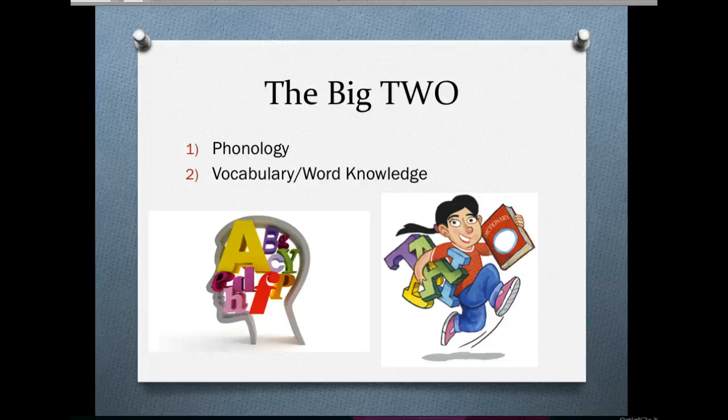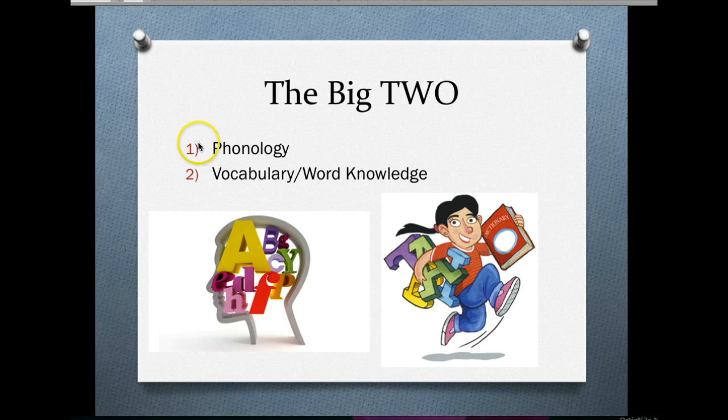All right, so the big two in literacy are phonology and vocabulary and word knowledge. The reason why these are the big two is because the development of these two are significantly related to reading and writing success. One of the reasons we are going to be discussing phoneme awareness and why we should assess it is because there's a strong correlation: if a student has strong phonemic awareness, then they most likely will have success in early reading, but not necessarily later.